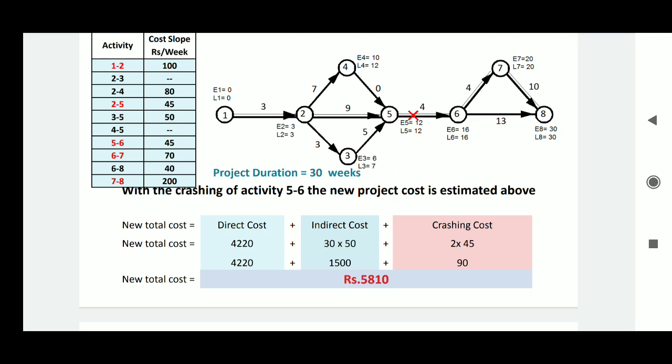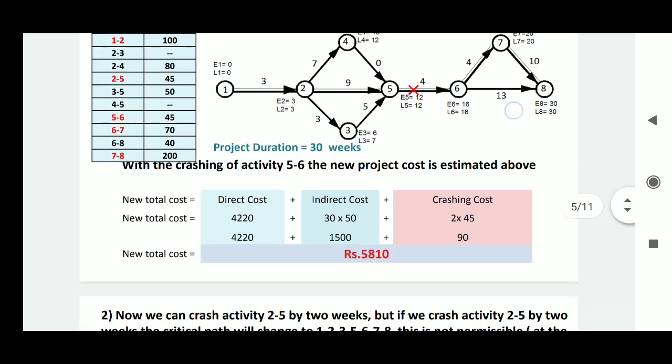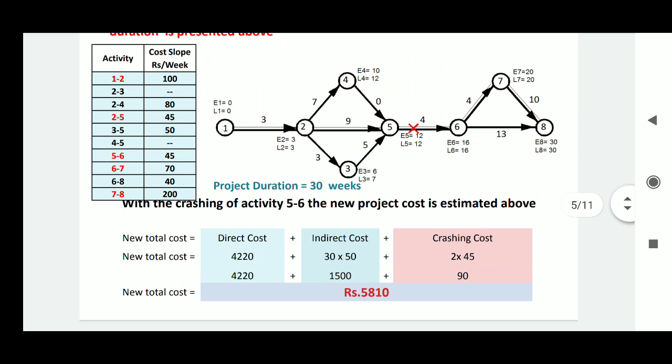Hence the total new cost is 5810. Previously the normal cost was 5820 and here the cost is 5810. Hence by reducing the network duration by 2 weeks, we are reducing the time as well as getting a lower cost, that is 5810.